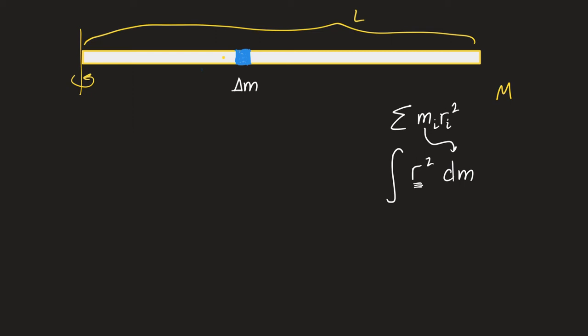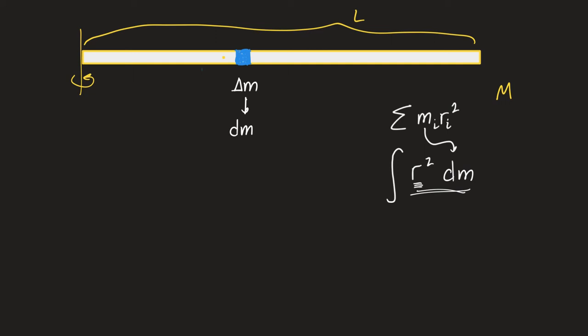So there's no integral that can be done here. We have to figure out how to write this so that it describes where each piece of mass actually is. And that's what I want to teach you how to do. So what that actually means is finding a way to express the piece of mass in terms of its location.